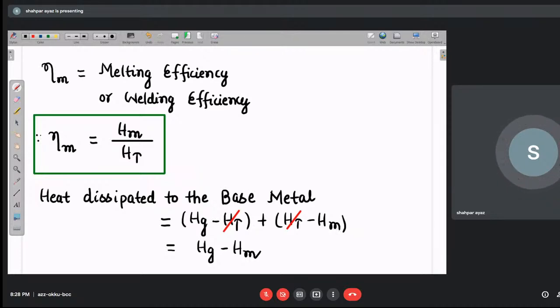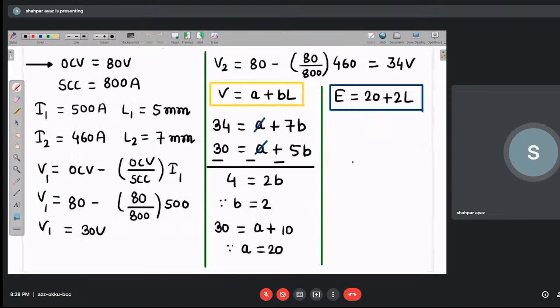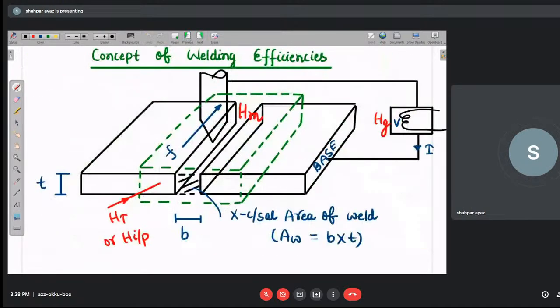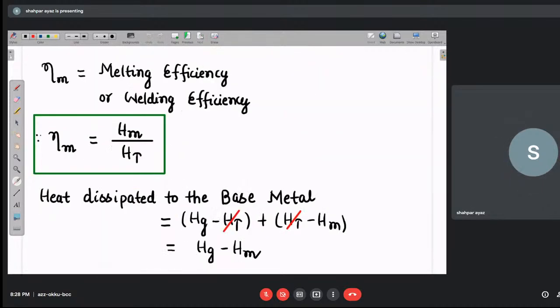Hg minus Hm is the amount of heat transferred to the base metal, this metal part, both this side as well as this side.